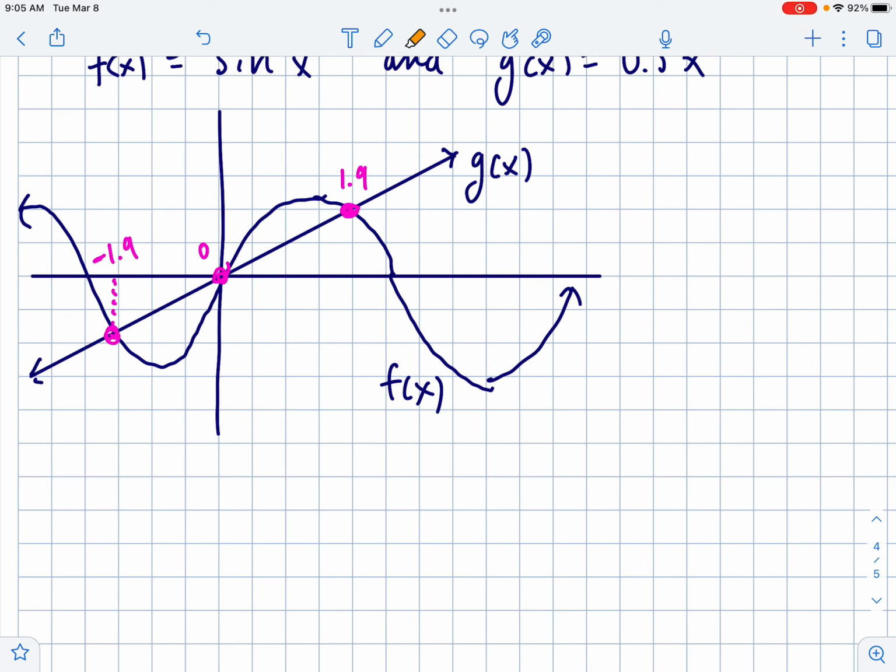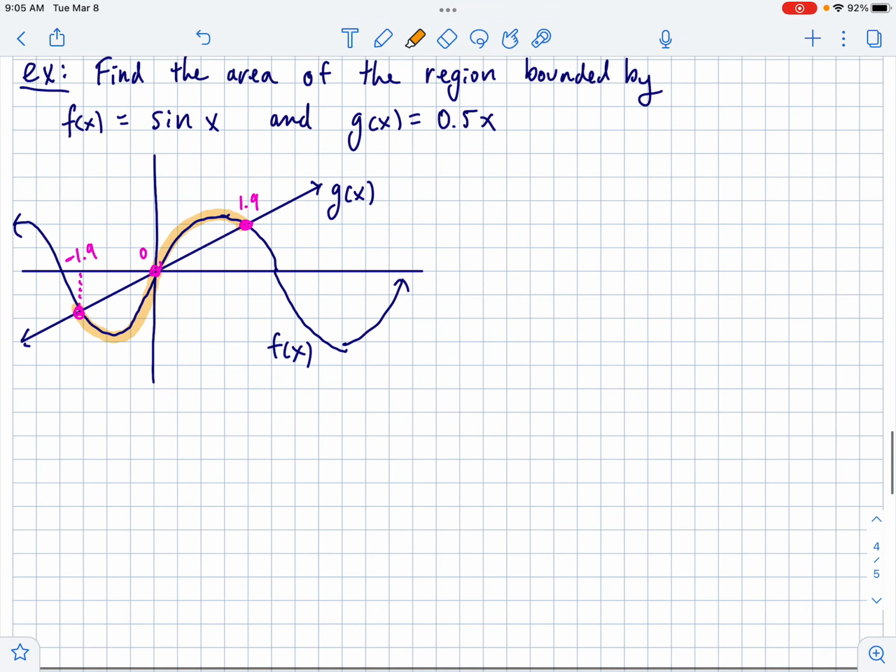This is similar to the last problem, where this curve is underneath in this section, but then it's on top in the second section. So we actually have to break this up into 2 different integrals. The first one would be negative 1.9 to 0 of line minus sinusoid.